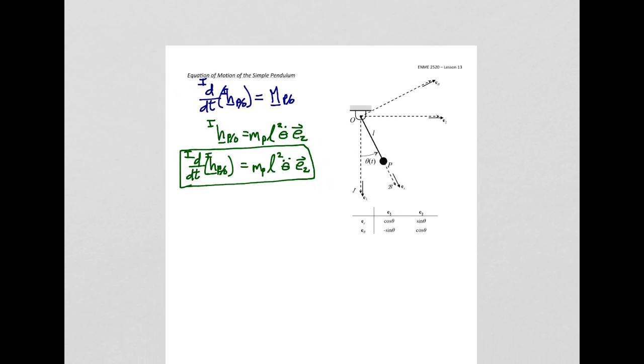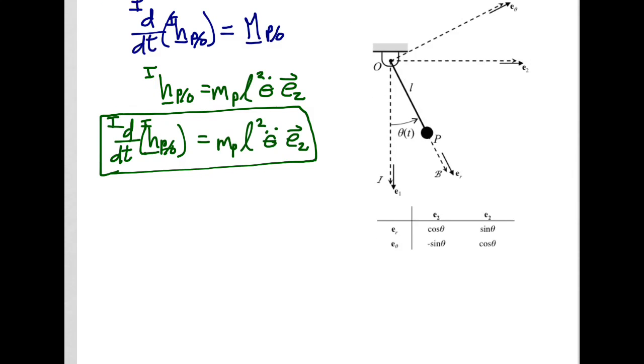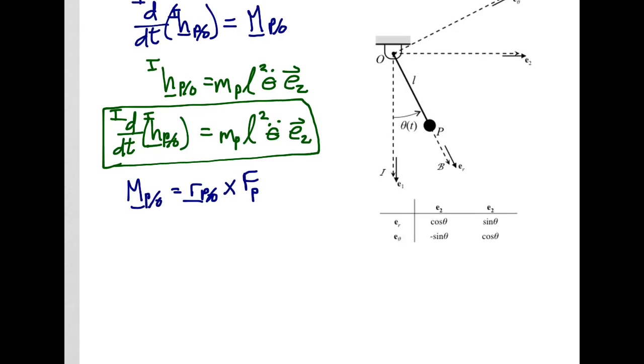So now we need to calculate the right-hand side, the moment of the forces acting on point P relative to point O. The moment of P with respect to O is equal to R of P with respect to O crossed with the forces acting on that particle P, and so that's our moment.